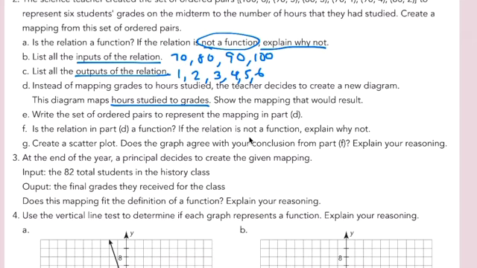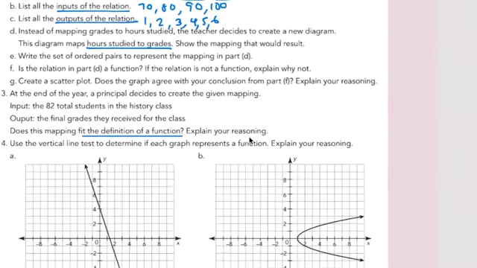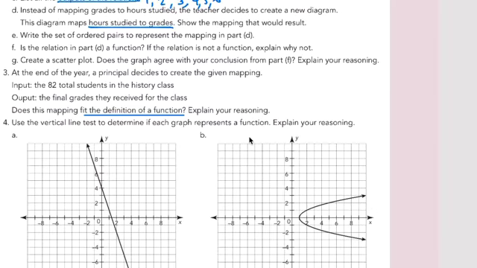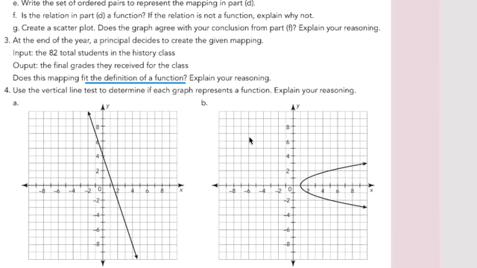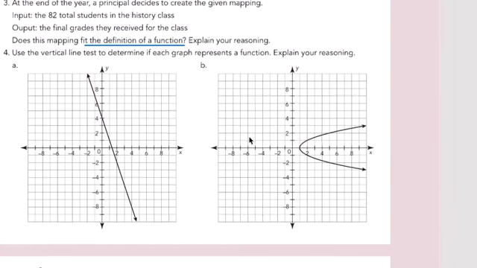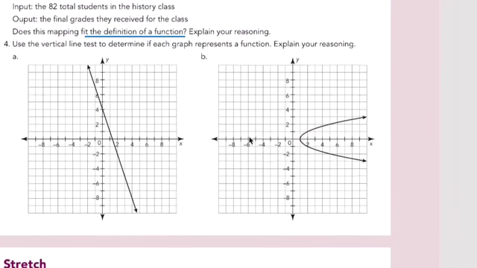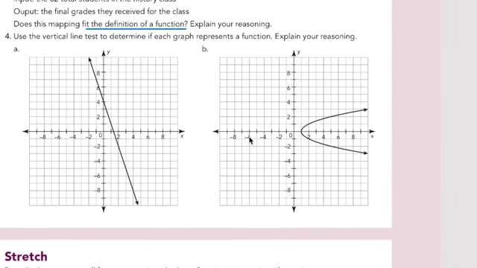Does the map fit the definition of a function? Given the mapping, explain your reasoning. Is it a function or not? Use the vertical line test to see if it's a function or not. Explain your reasoning.